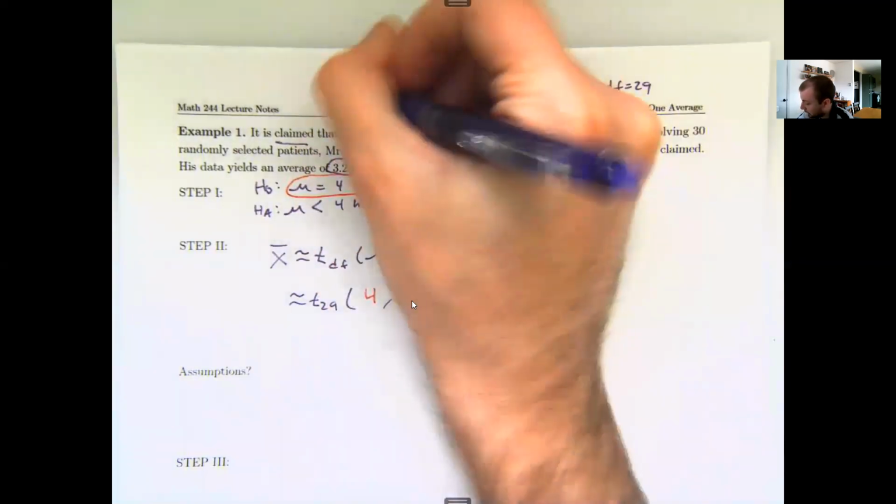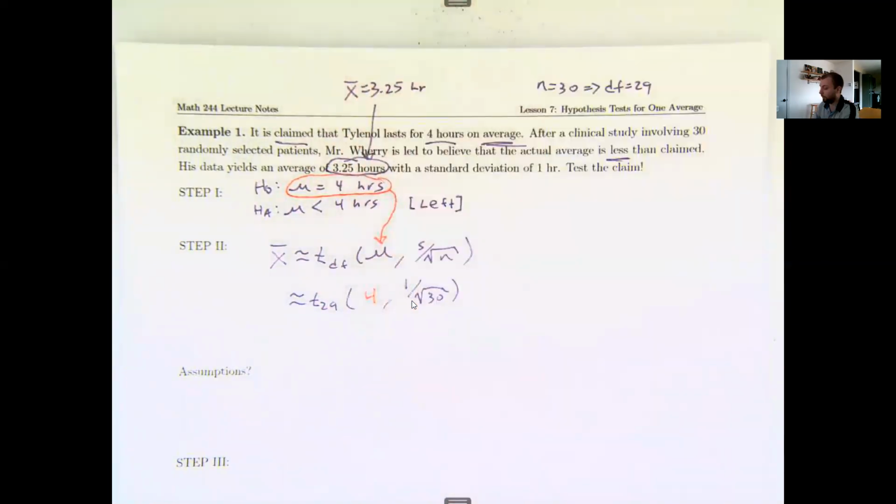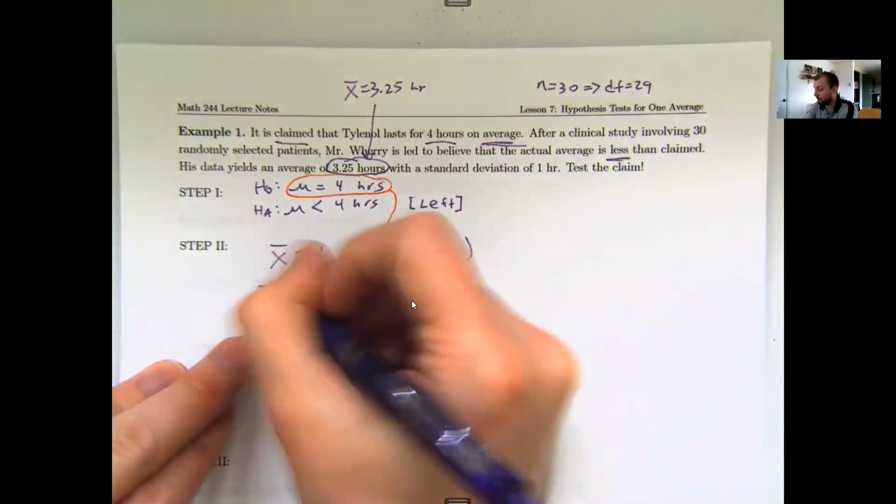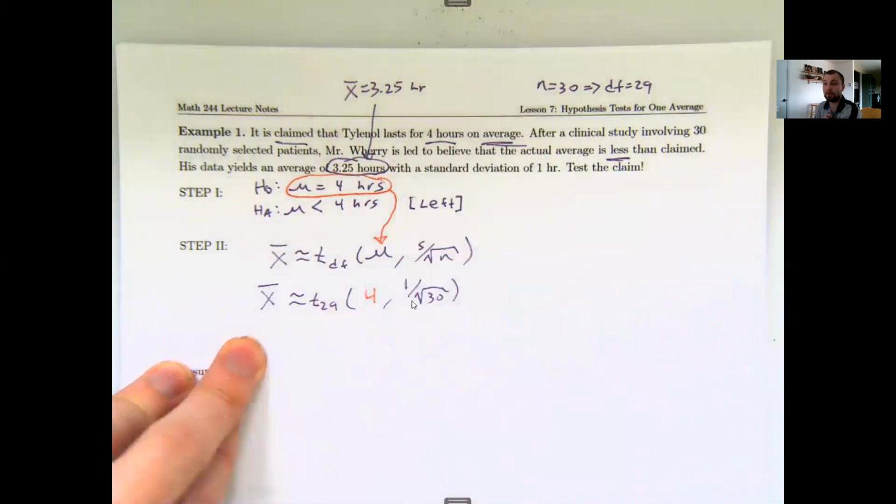If you'll notice, I've not touched this 3.25 hours that I got from my sample, and that's because that is an X bar number. My formula right now, this X bar that I have here, this is the name of the model. It says I will be eventually using that 3.25, but not yet.